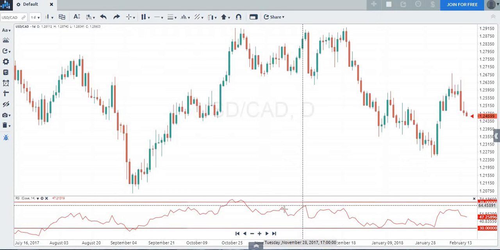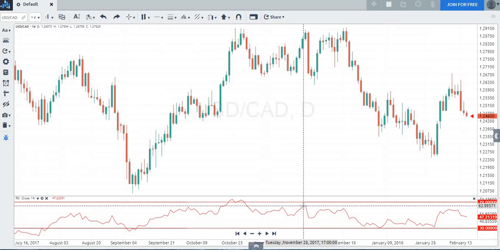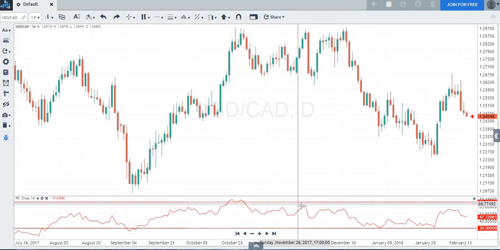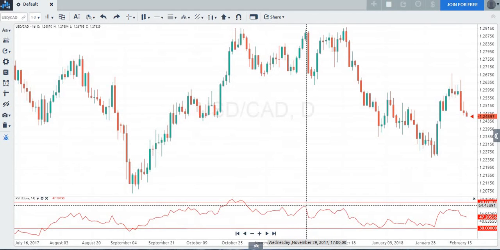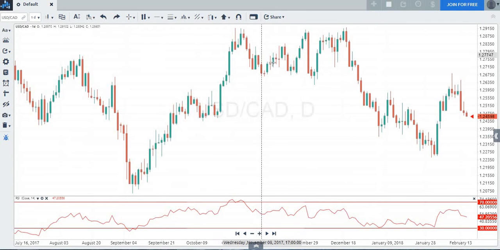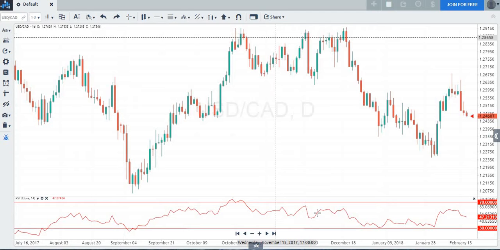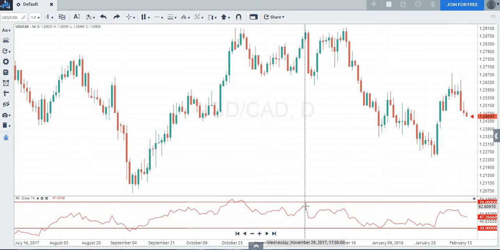Another high here, and it's a lower high. It went up just a little bit above this high here, but we can still say it's a lower high. But when we look at the price, the price is not really moving in conjunction with what this indicator is telling us, right?